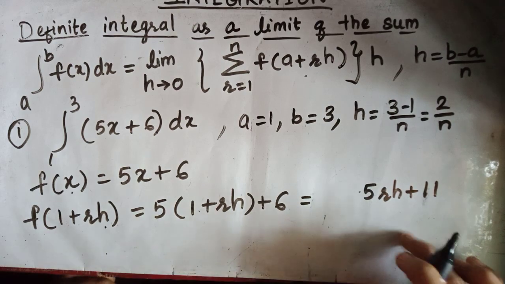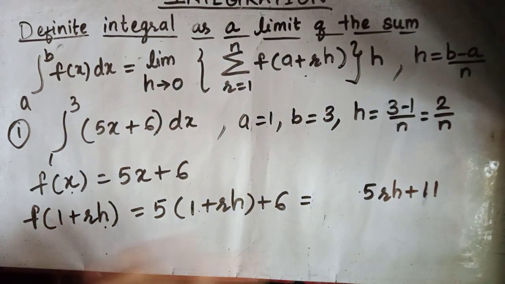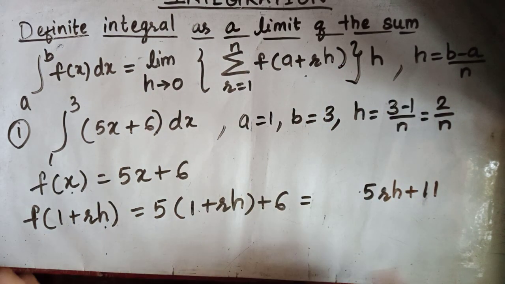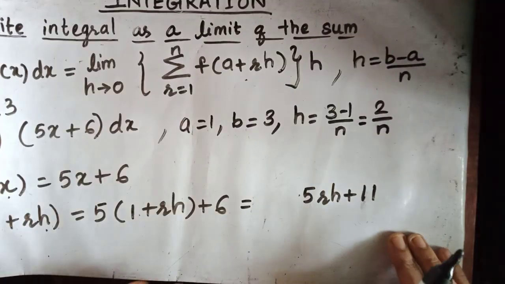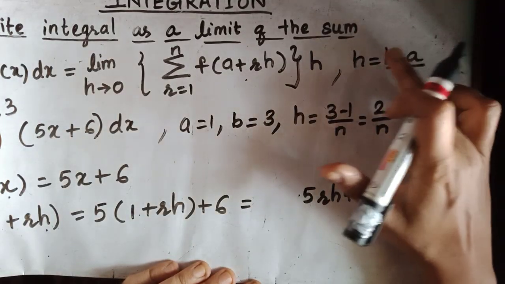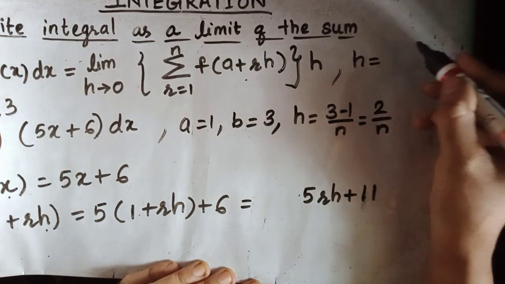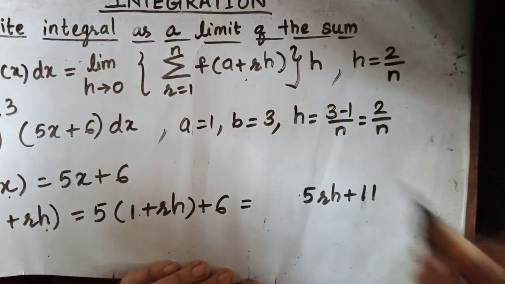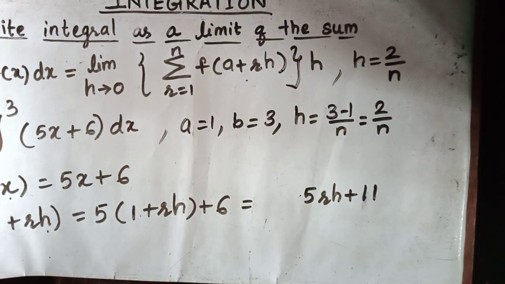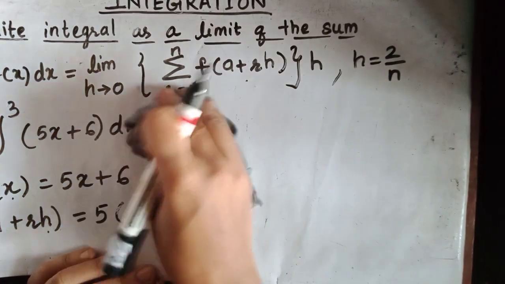This you have to substitute here. I'll rub this and write here the value of h, 2 by n, that we need to substitute. So let's write in the limit form.